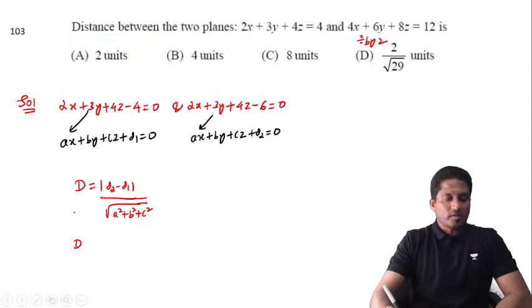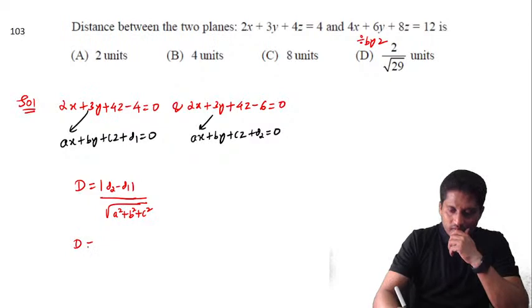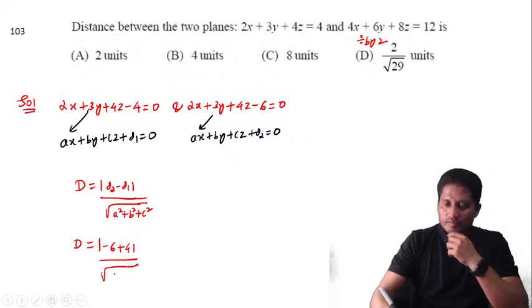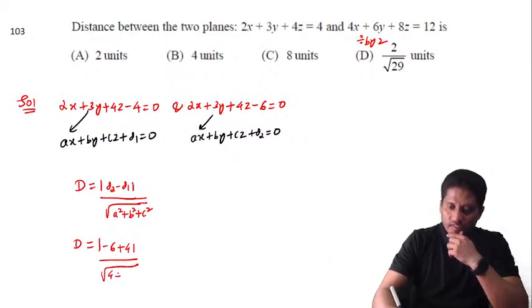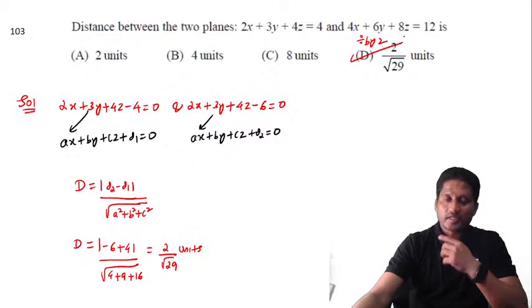So distance is equal to modulus of minus 6 minus of minus is plus 4 by root of a square plus b square plus c square, which is 4 plus 9 plus 16. So this is 2 divided by root of 29 units. That's the last option D.